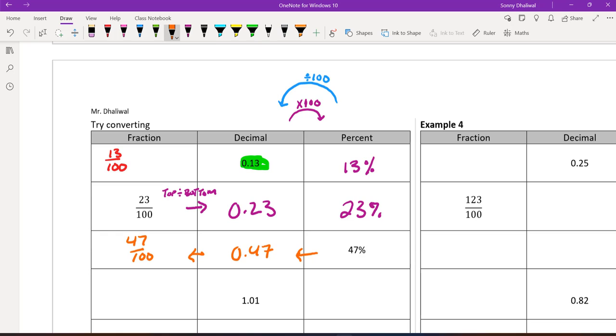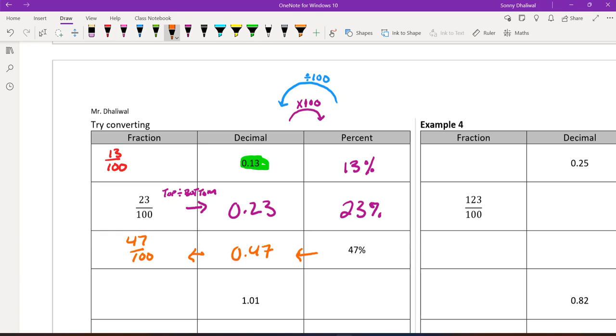The next one is a little bit trickier, a little bit more unusual. It's different than what we've seen before. What would that be as a percentage? What do you guys think, Adam? 101%. Right?